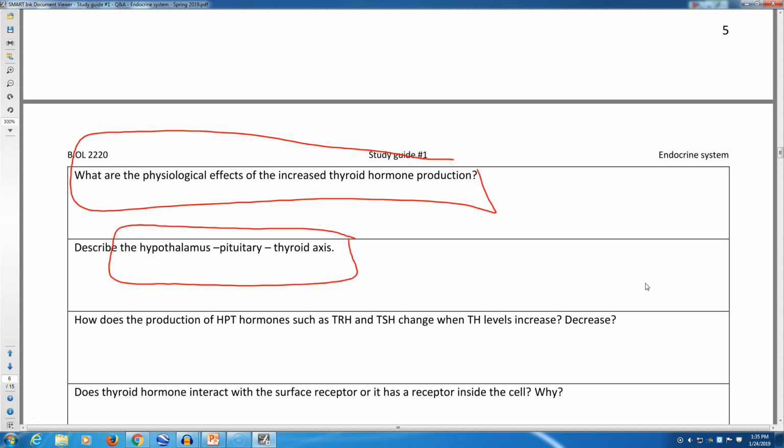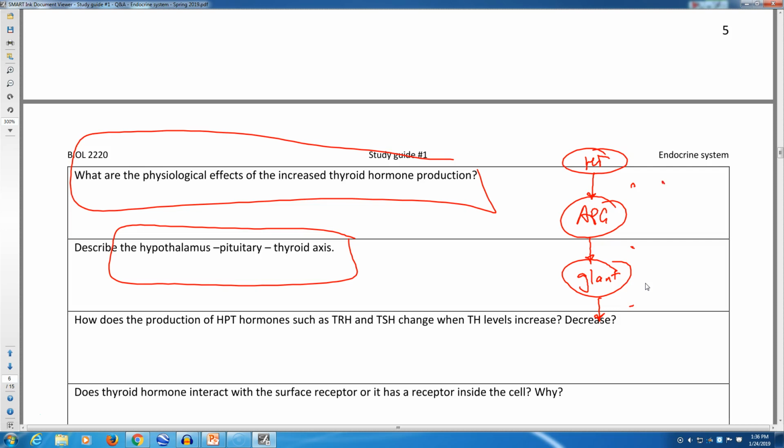HPT. That's our standard axis. Hypothalamus, pituitary, some kind of a gland. Does that make sense? If it's TRH, TSH, thyroid, that's the hypothalamus, pituitary, thyroid axis.